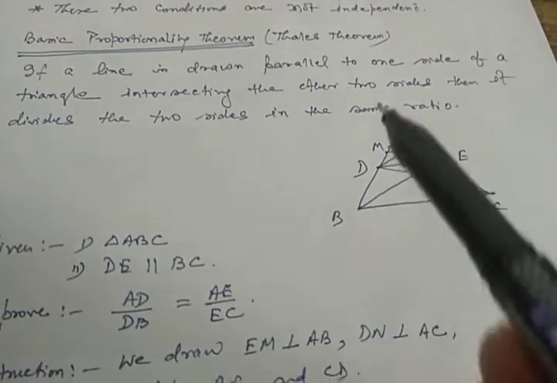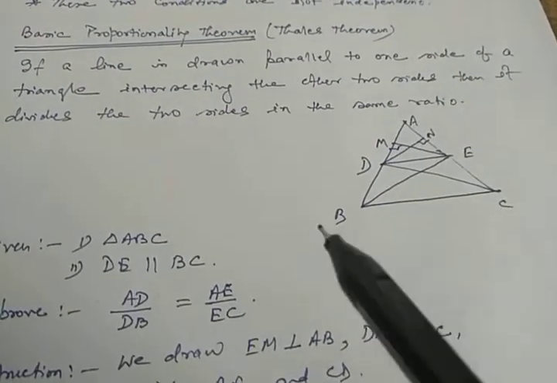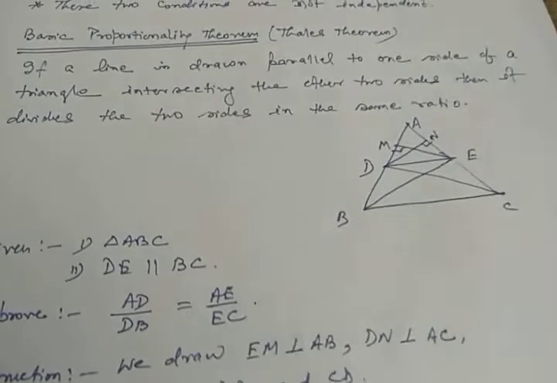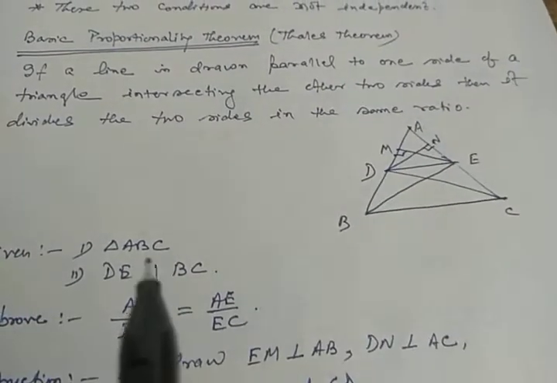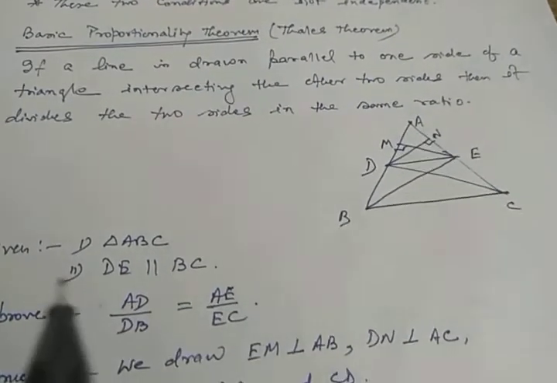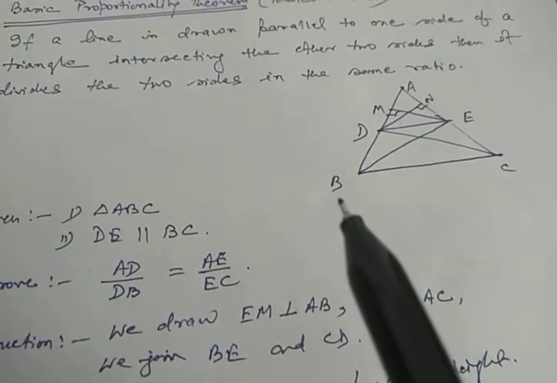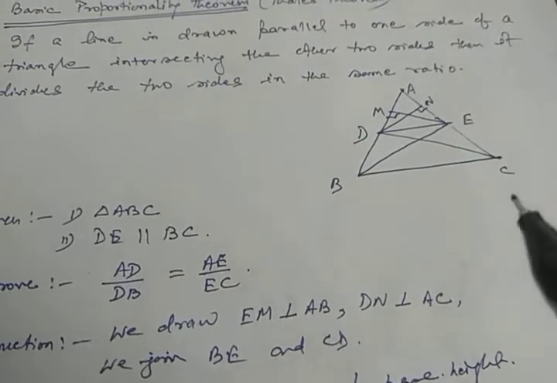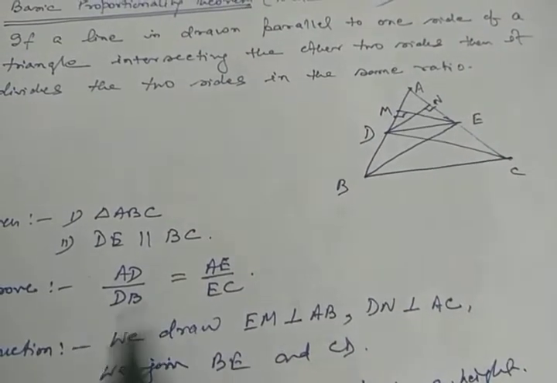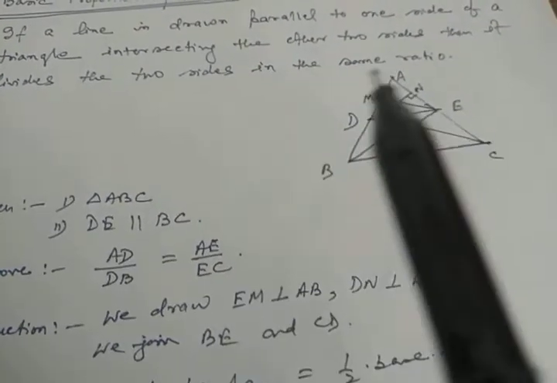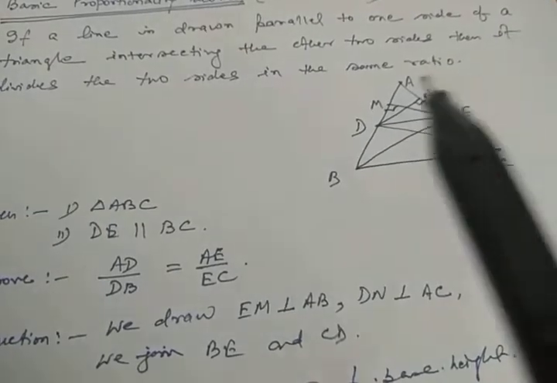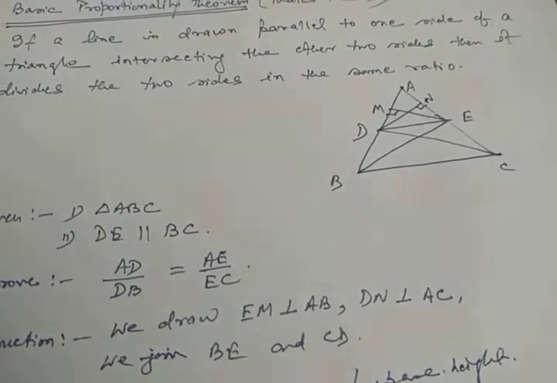I mean, in this figure, triangle ABC. What is given? Triangle ABC and DE is parallel to BC. Then I have to show that AD by DB is equal to AE by EC. I mean the ratio of these two sides should be equal to the ratio of these two sides.